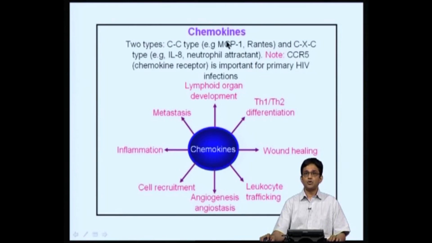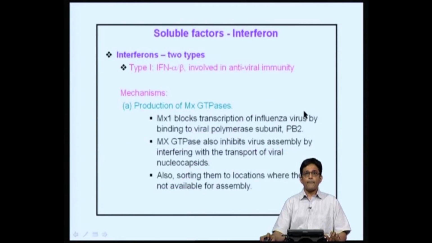You have the CC type shown by MCP and RANTES, and the CXC shown by IL-8, which is a neutrophil attractant, and as mentioned to you, CCR5 plays an important role in HIV infections. So, chemokines have several different roles, and at this point we will not dwell on this further than to show you that they play a variety of roles.